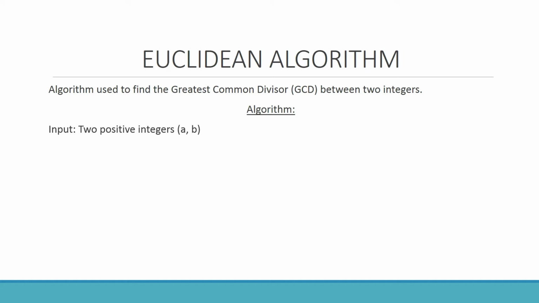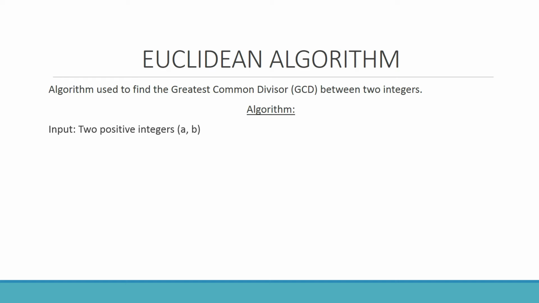We're assuming A and B are not equal, since if they are equal, then obviously the GCD is just itself. We're also going to assume that A is greater than B. If in fact B was greater than A, then we could just switch the variable names and call B as A and A as B, and it would work exactly the same.